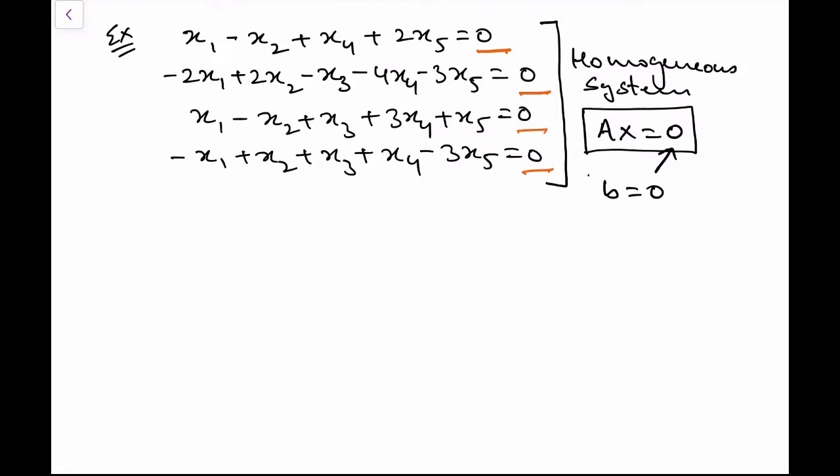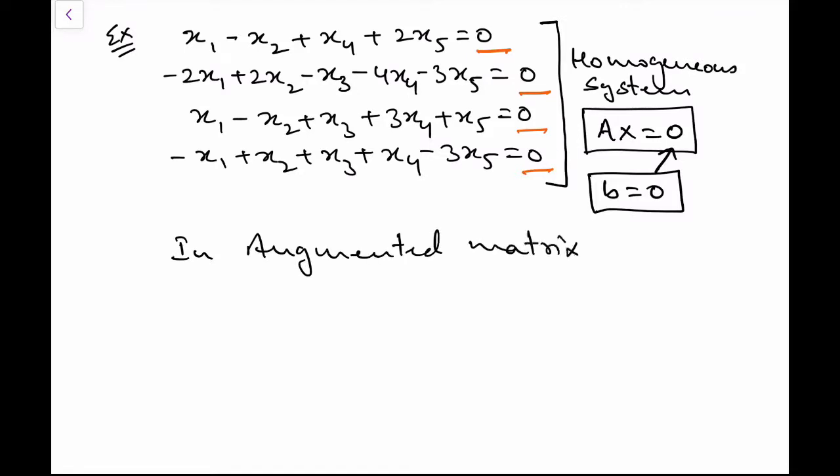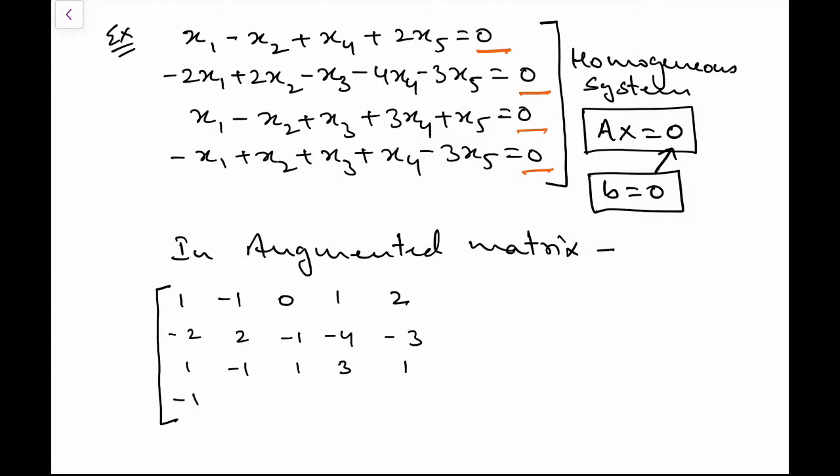Now in augmented matrix we can write the above homogeneous system as 1 minus 1 0 1 2, minus 2 2 minus 1 minus 4 minus 3, 1 minus 1 1 3 1, minus 1 1 1 1 minus 3, augmented by 0, 0, 0, 0.